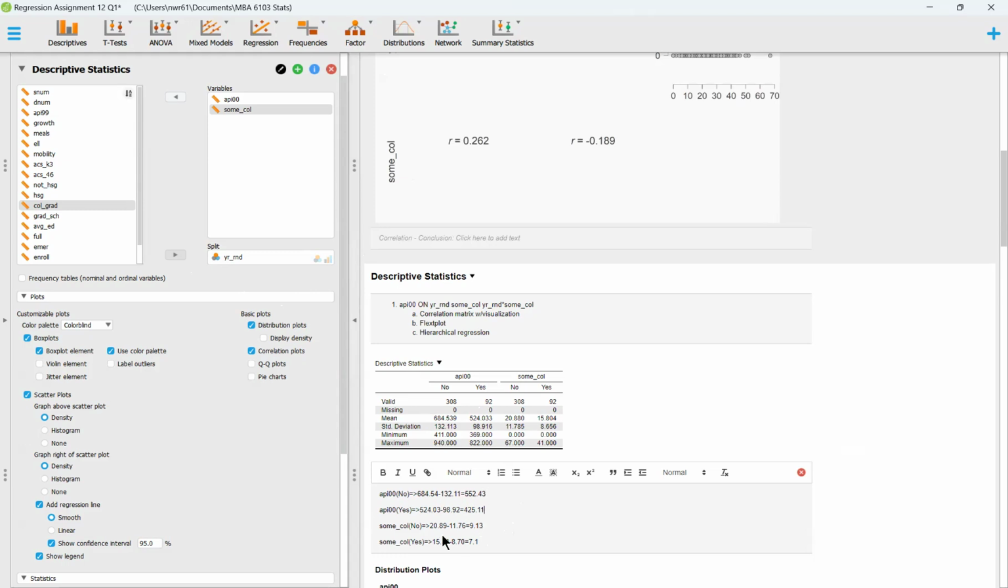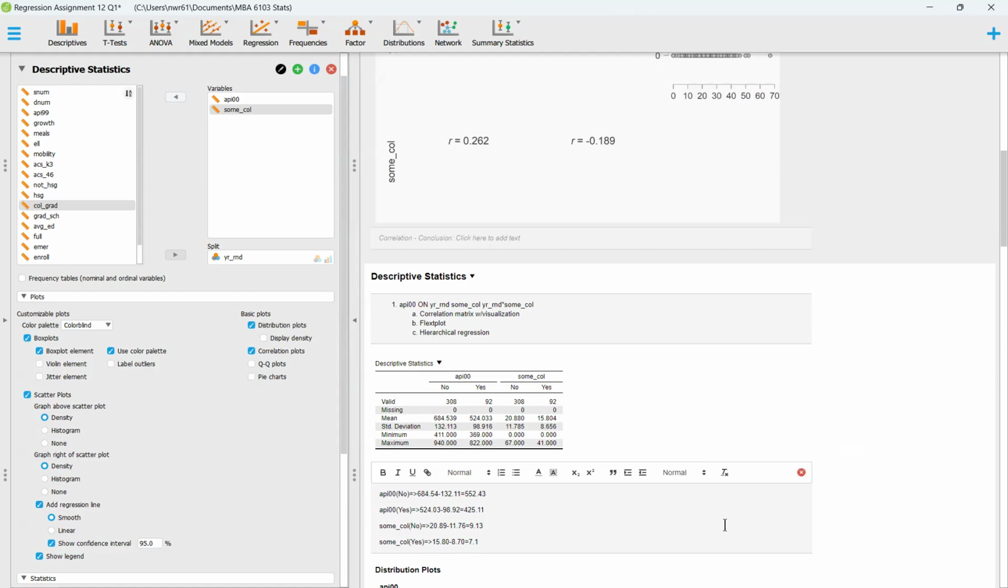Meanwhile, this is the amount of some college. Why is this indicated as no? Wait, hang on. I'm losing track of my variables again. Oh, year-round, some college, no, or yes, some college. So that's just no, I don't have any college, or yes, I have some college. That's the name of the variable, right?